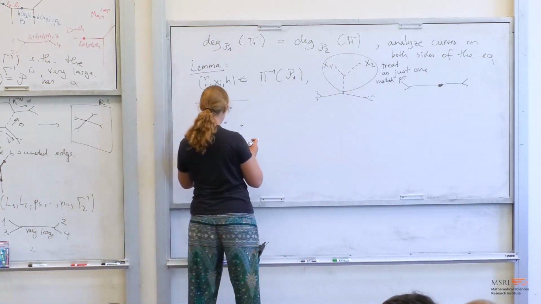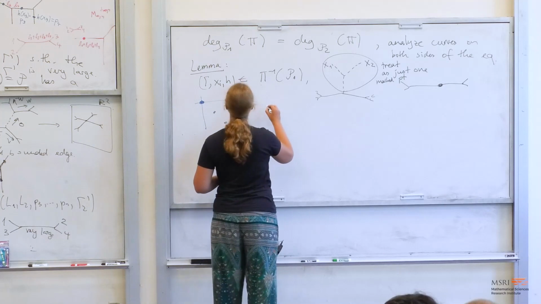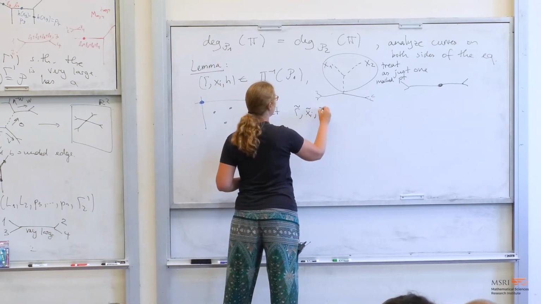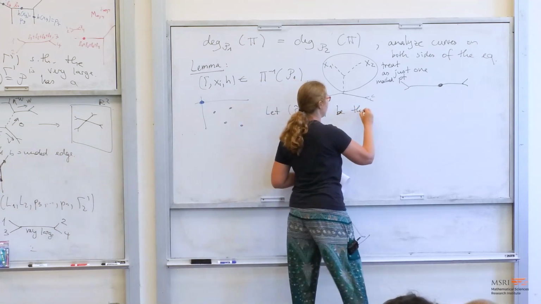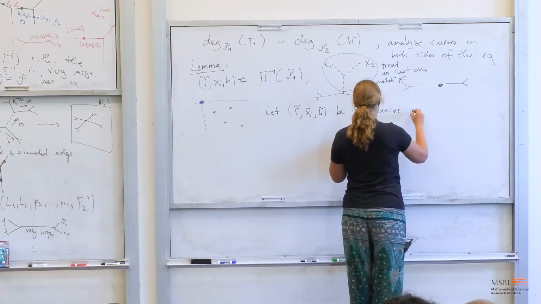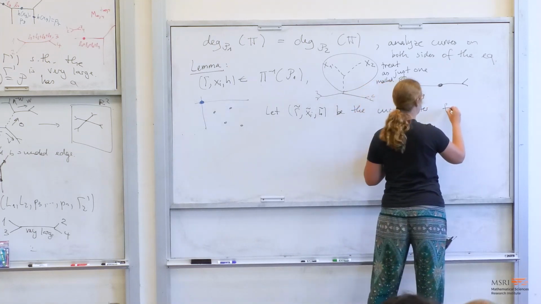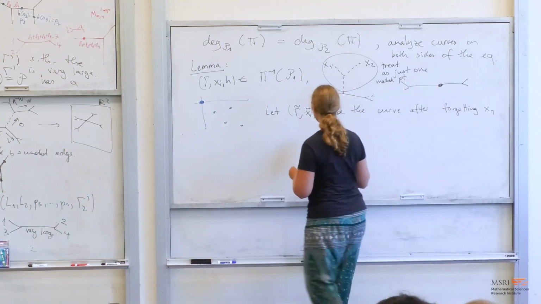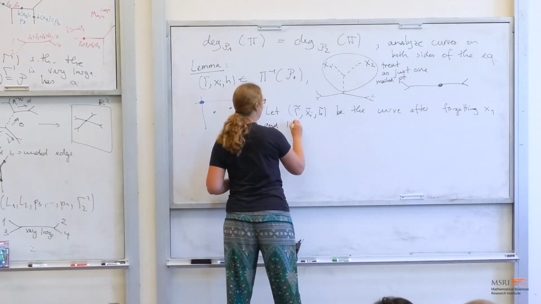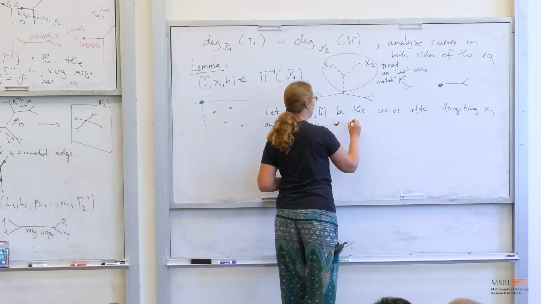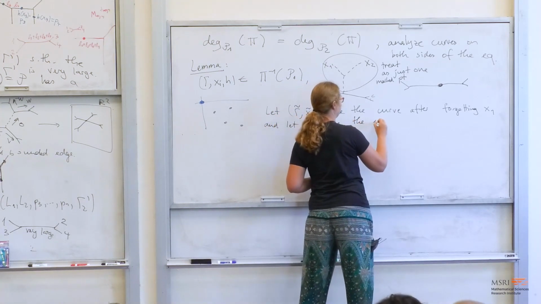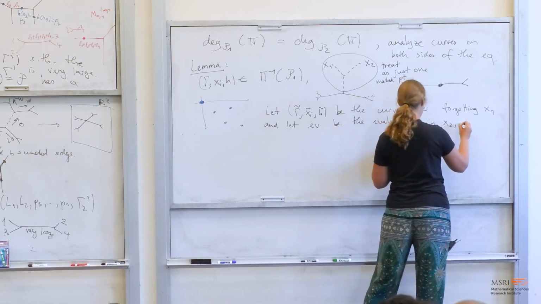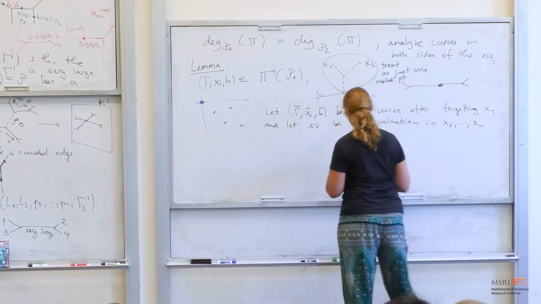So the statement is, how should I write it? Let gamma tilde, xi tilde, h tilde be the curve after, let's just say we forget x1, and let EV be the evaluation in x2 up to xn, both coordinates always now.